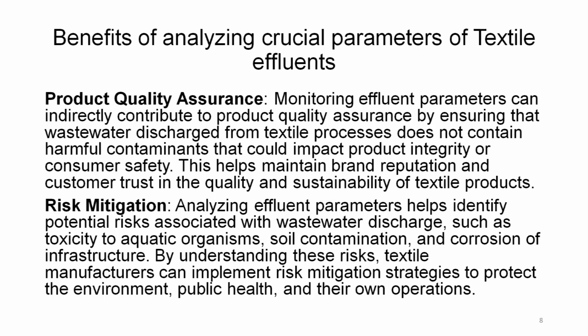By understanding these risks, textile manufacturers can implement risk mitigation strategies to protect the environment, public health and their own operations. So, risk mitigation is also there. If some levels are going high, then corrective measures can be taken and the effluent can be controlled not to have that high a pollutant level.